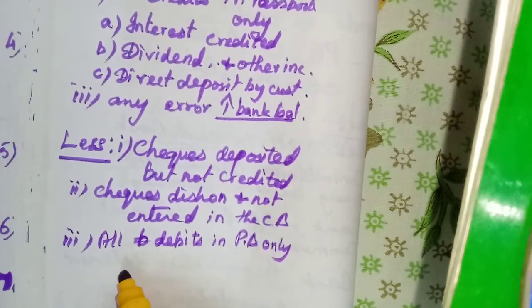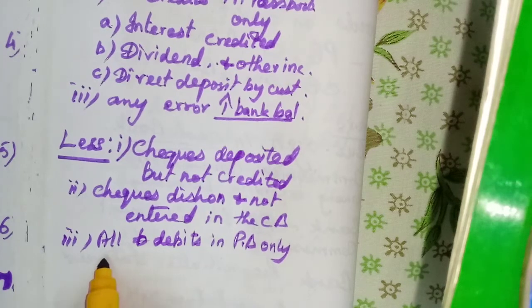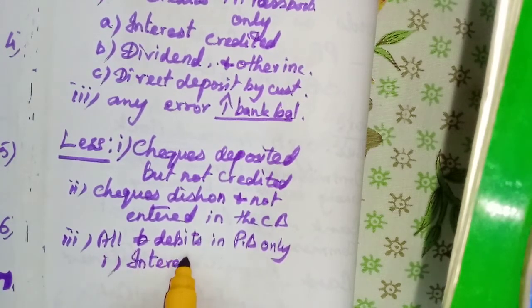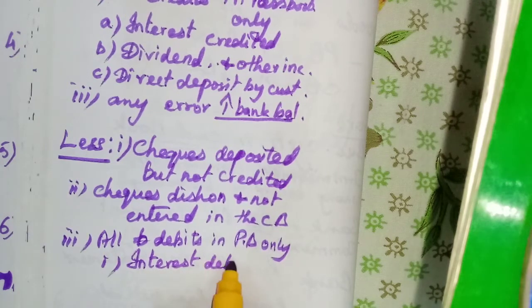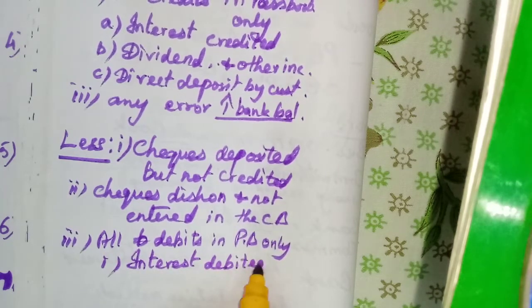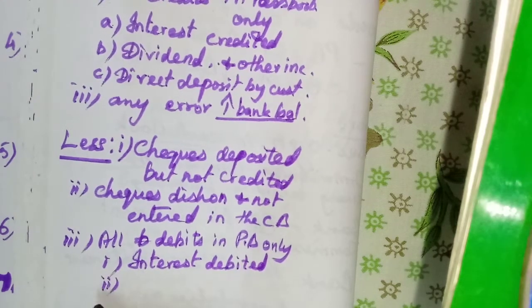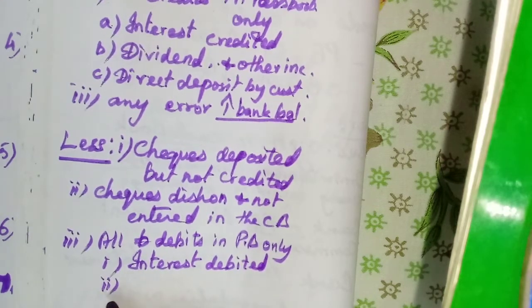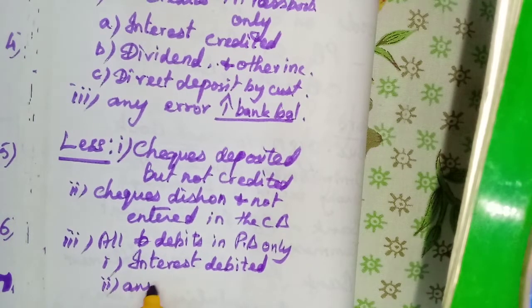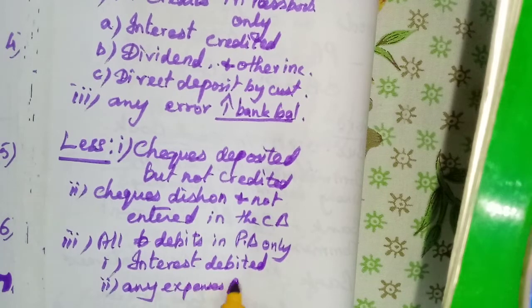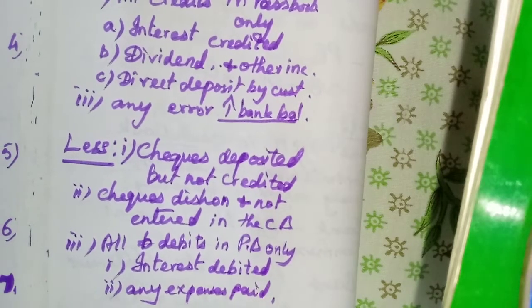What are the debits that we can have? Any interest on loan, interest on bank overdraft. Any interest debited only in the passbook. In the cash book we will not enter. Then any expense paid as per our instructions.